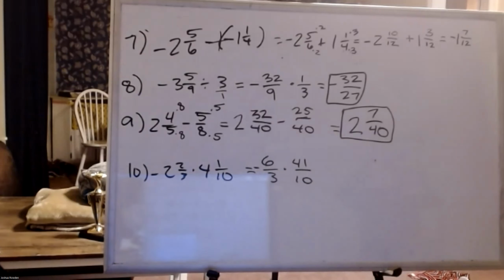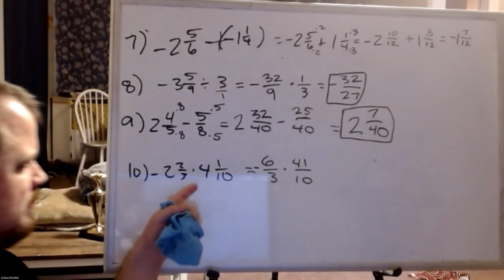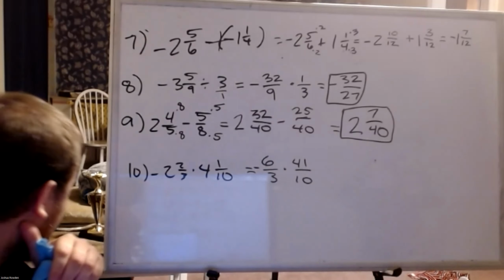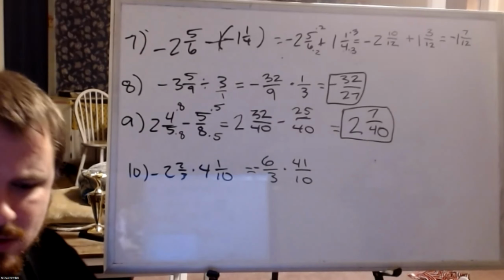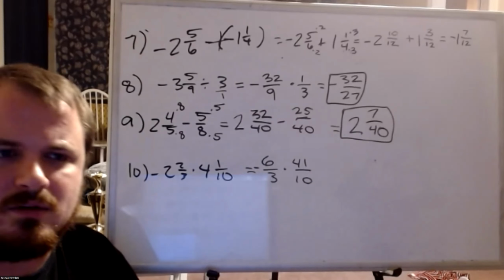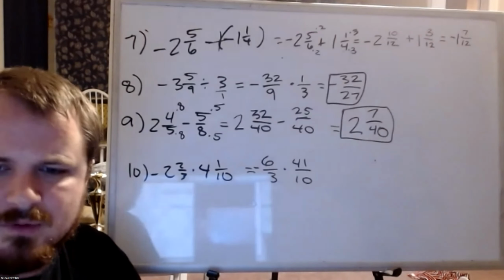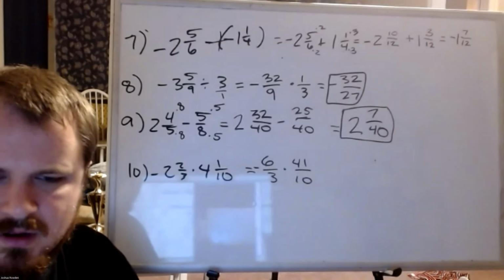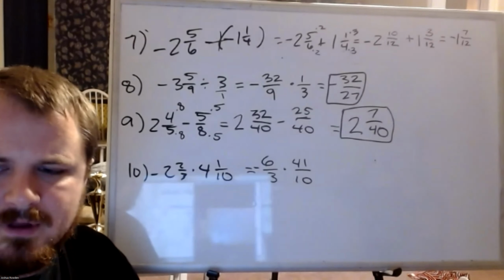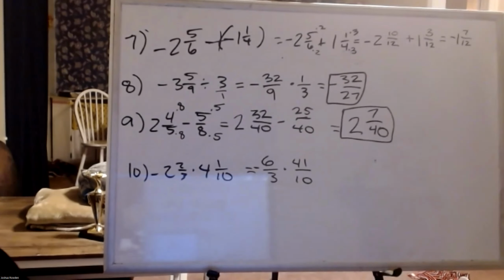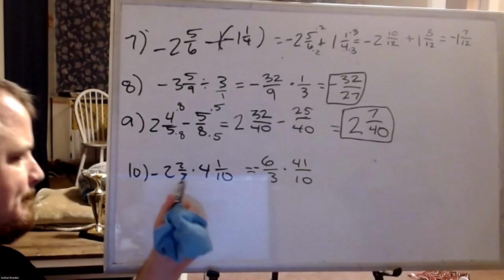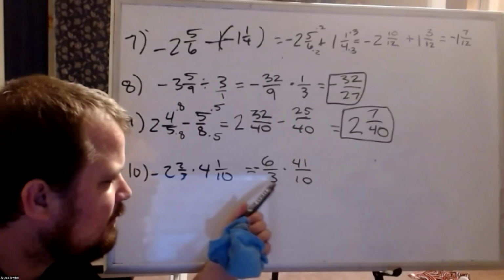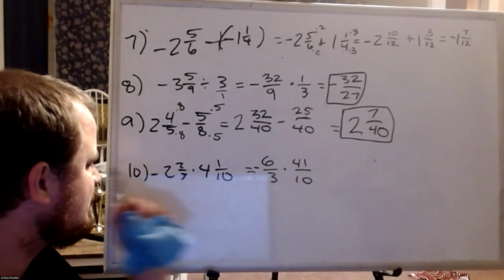Okay, so yeah, 41 over 10. And let me make sure, give me 1 second. Let me double check, make sure I wrote this down correctly. I don't think there's anything wrong with the problem. I just want to make sure I wrote that down. Yeah, okay. And it's multiplication. All right. So before we multiply these, can anything get reduced here?